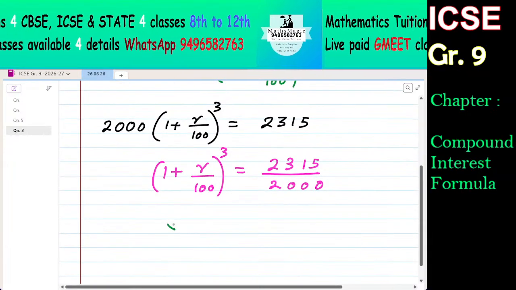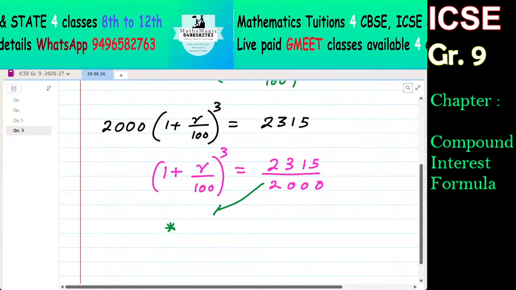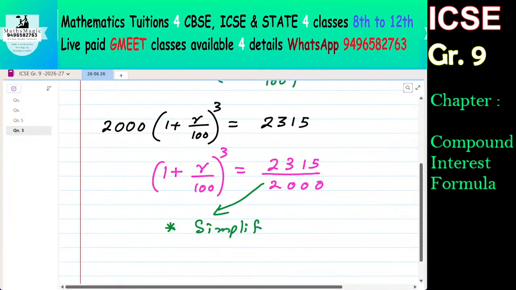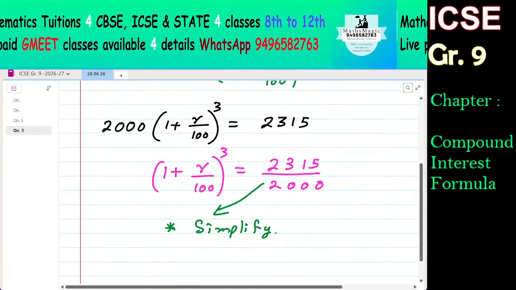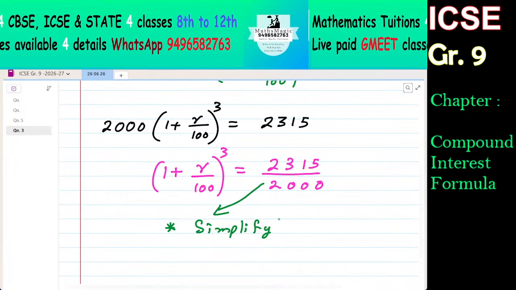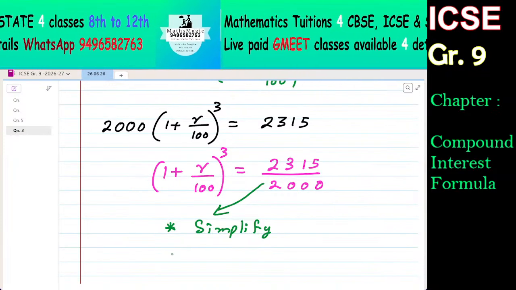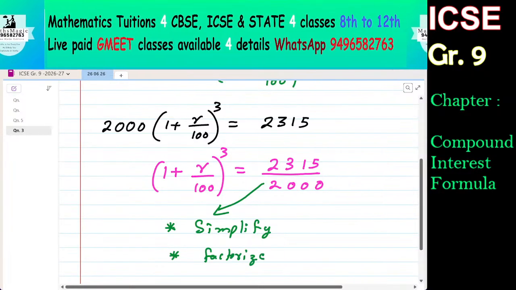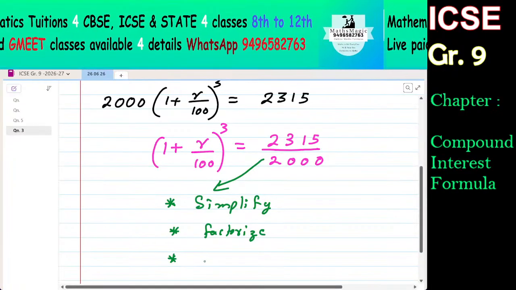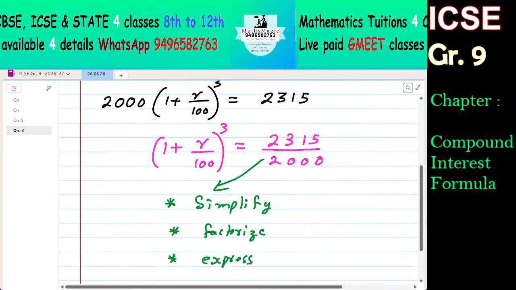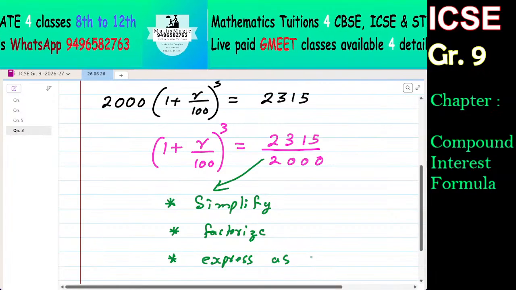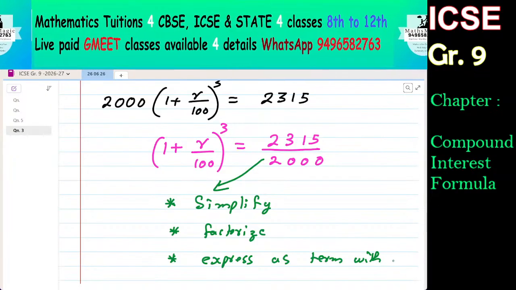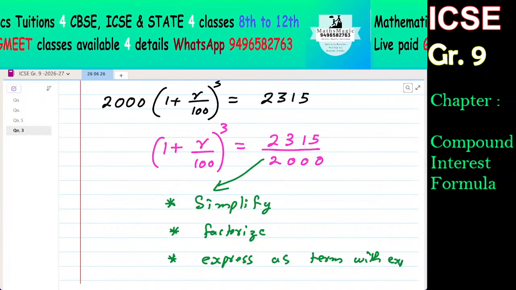So the things you need to do is: simplify it, cancel only the necessary common terms, then factorize and express this as a term with exponent 3.